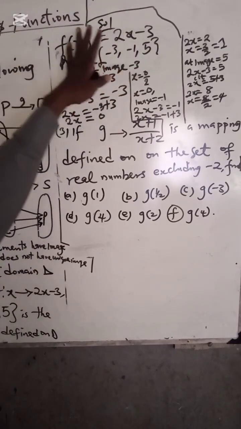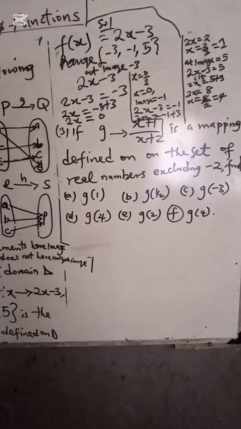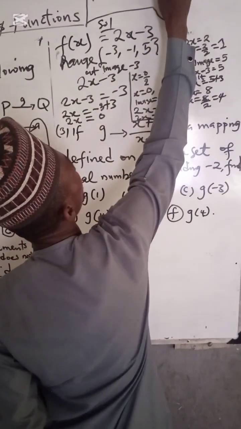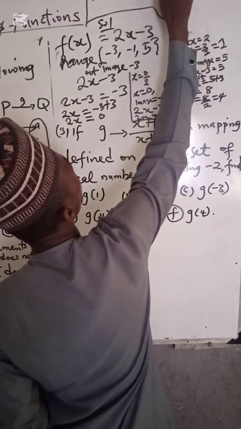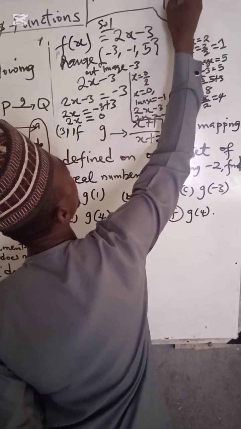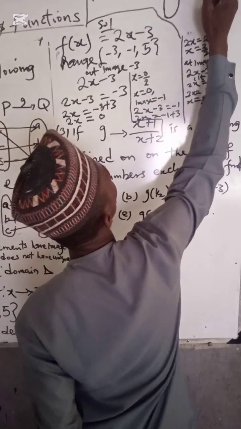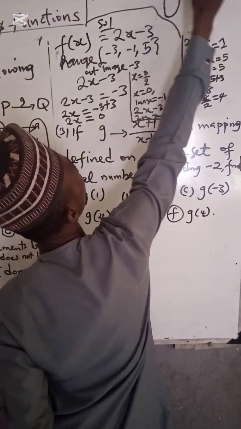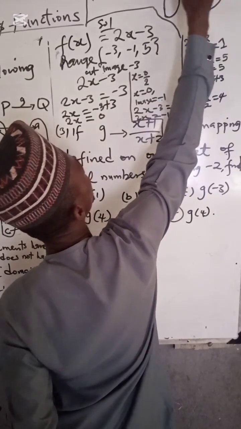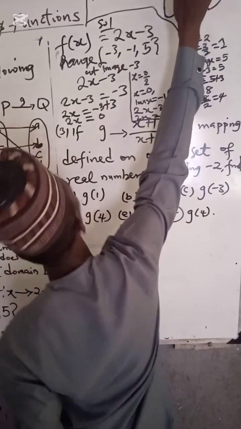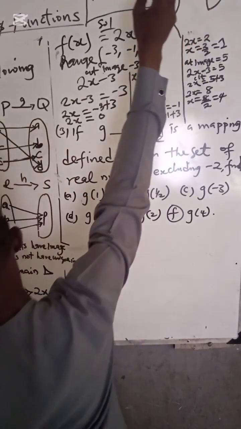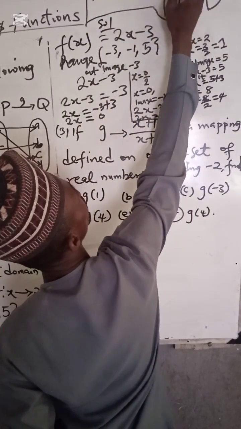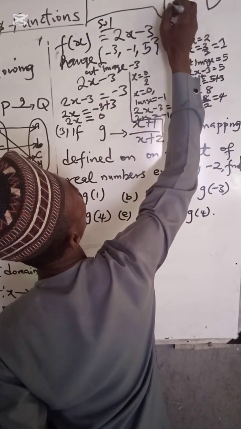We can put this into a mapping graphically. We are not asked to do this, but for further understanding's sake, we can do it like this. The domain is 0, 1, 4.